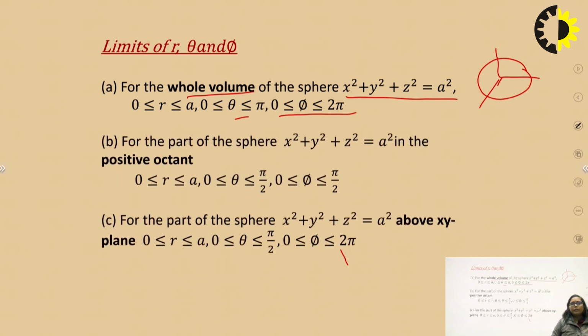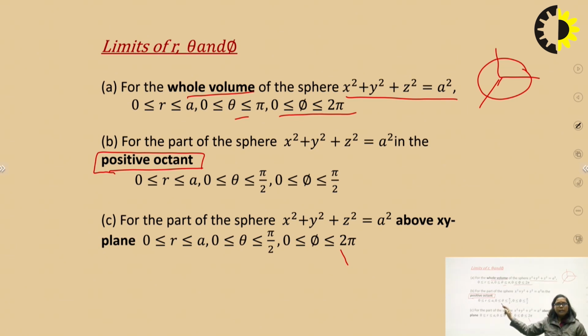What happened next? For the part of the sphere x square plus y square plus z square equal to a square in the positive octant. You know that for any 3-dimensional shape, we can divide the 3-dimensional coordinates into 8 octants. So we are taking here only the part of the sphere in the positive octant. The limit for r remains the same, from 0 to a.